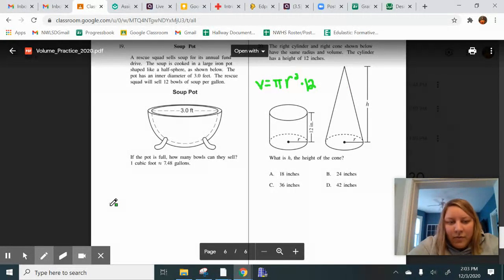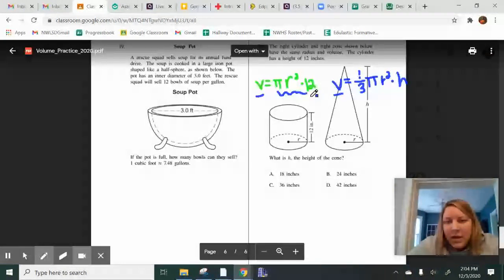Okay, so the volume for the cone is 1/3 pi r squared times the height. We don't know what the height is, okay? So they said the volume and the radius are the same. So if the volumes are the same, then this equals this.